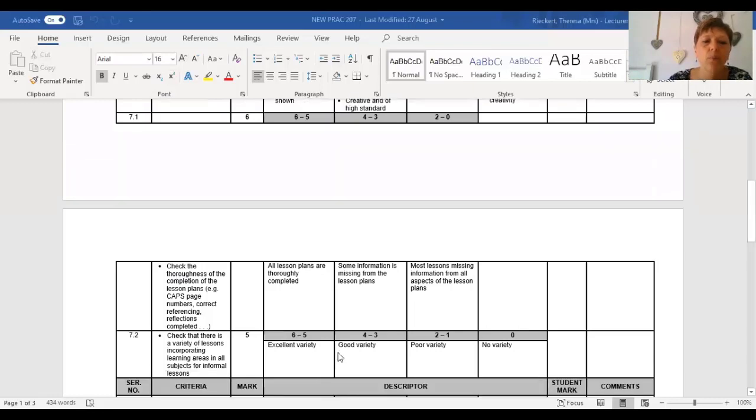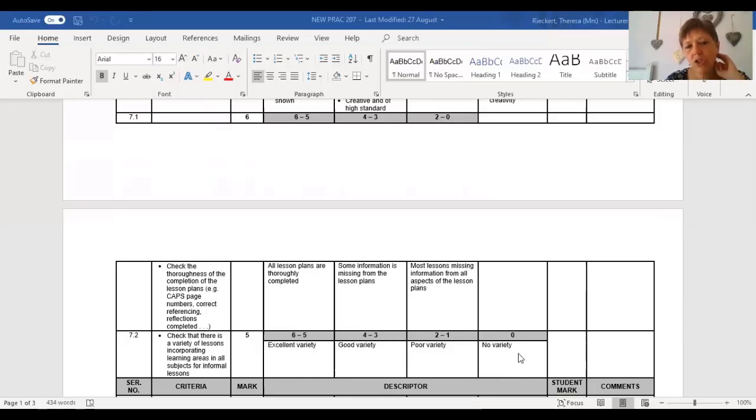Then also 7.2, you will check the variety. Students were told to do 3 life skills, of which 1 could be an art lesson. Please look out for any lessons with watermarks on them, because then you should not count that as a lesson, because students were given sample lessons and they were told that they are not allowed to use the sample lessons in their file.